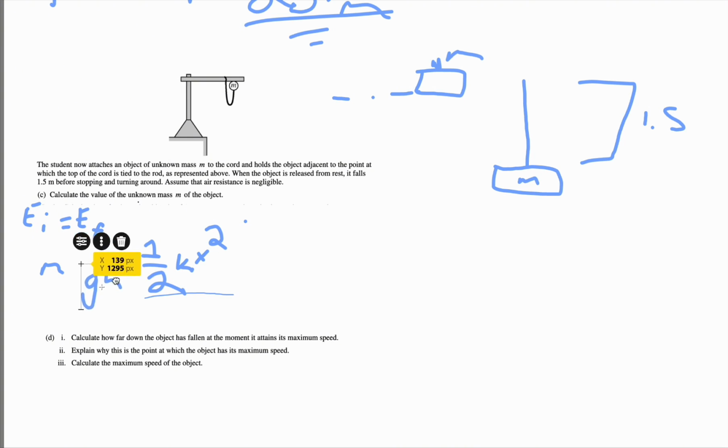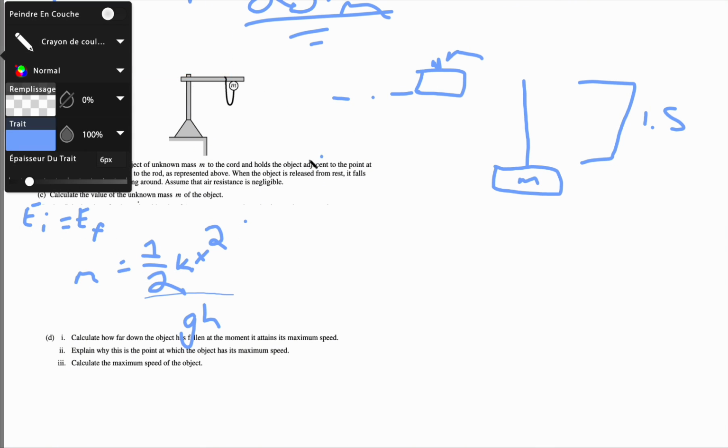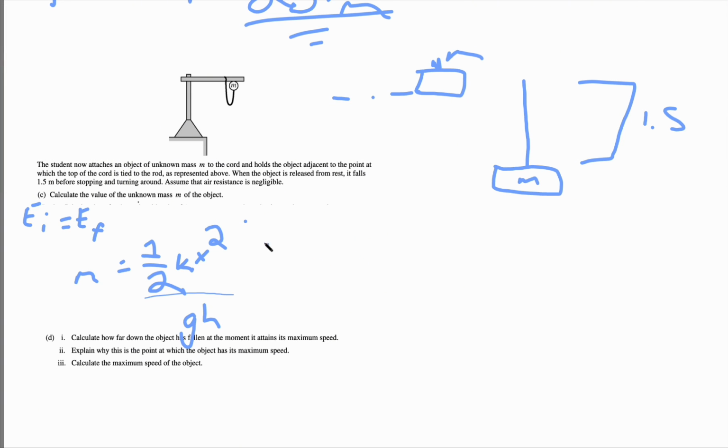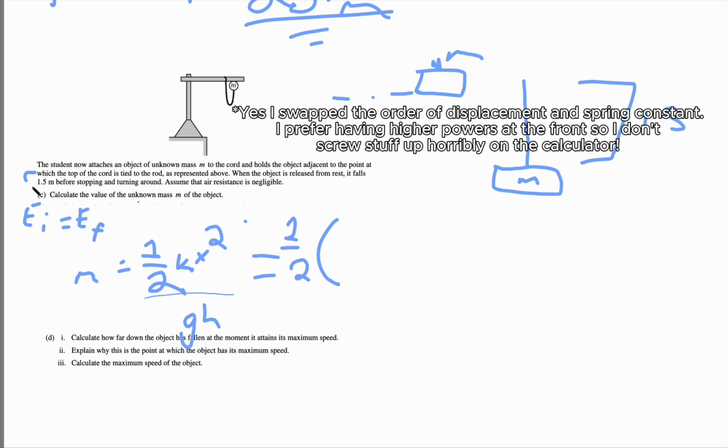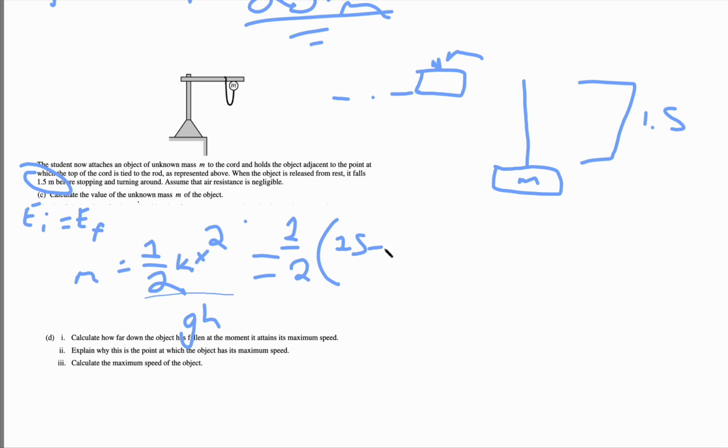M is equal to 1/2 kx squared divided by GH, which equals 1/2 our displacement from 1.5 meters, 1.5 minus 0.6.